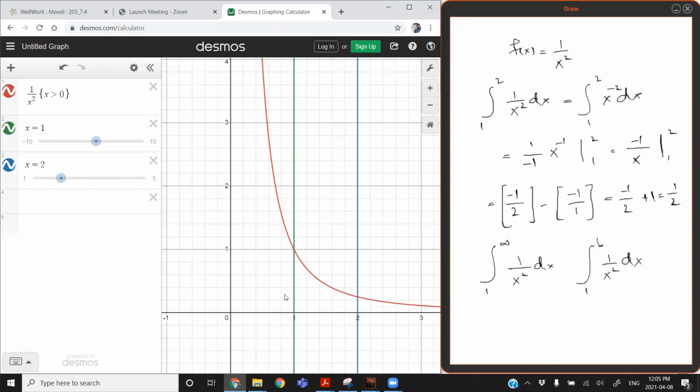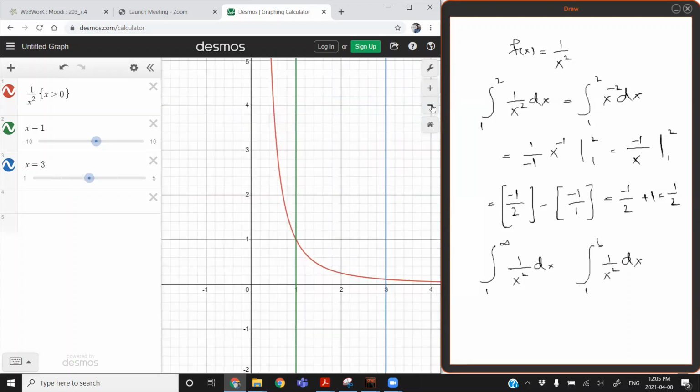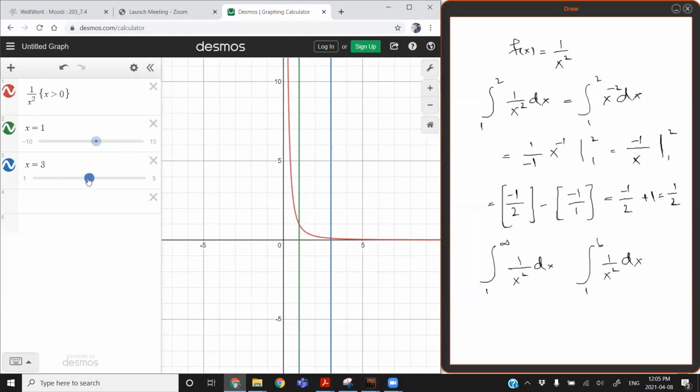So here b is 2, then b could be 3, then it could be 4, then it could be 5. And every time I'm increasing b, I get a better approximation of this unbounded area from 1 to infinity.